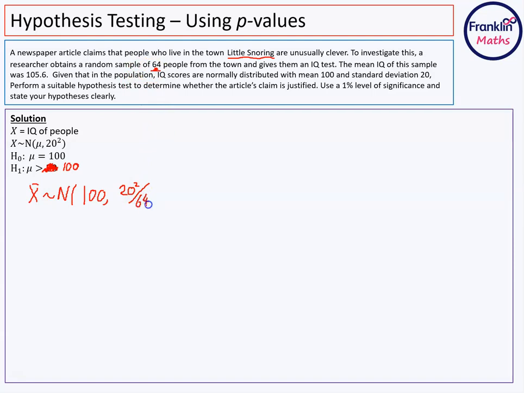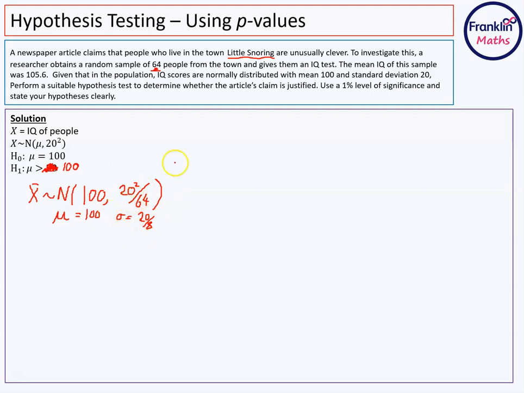And remember what that does, that scales that normal distribution. Okay, so fall into good habits here. Mu is going to be equal to 100, and my standard deviation is going to be the square root of that, which is just going to be 20 over 8 in this case. You can just square root in the calculator, it doesn't really matter.